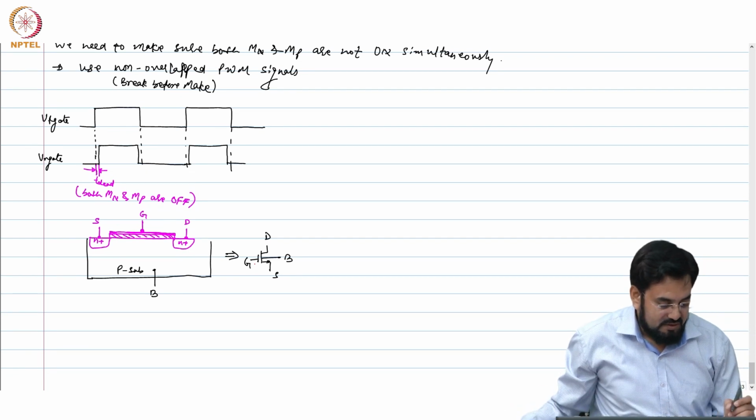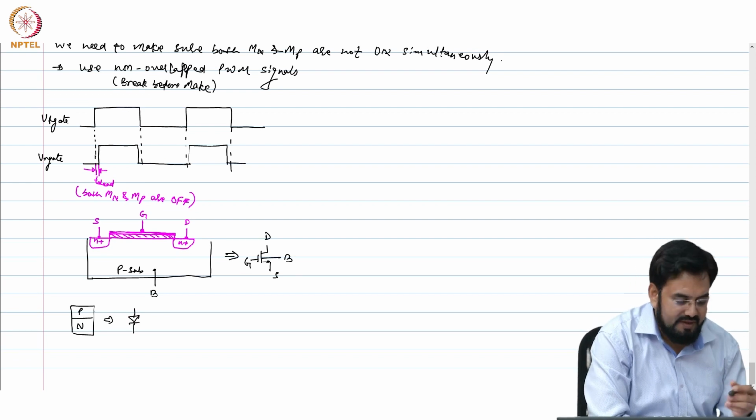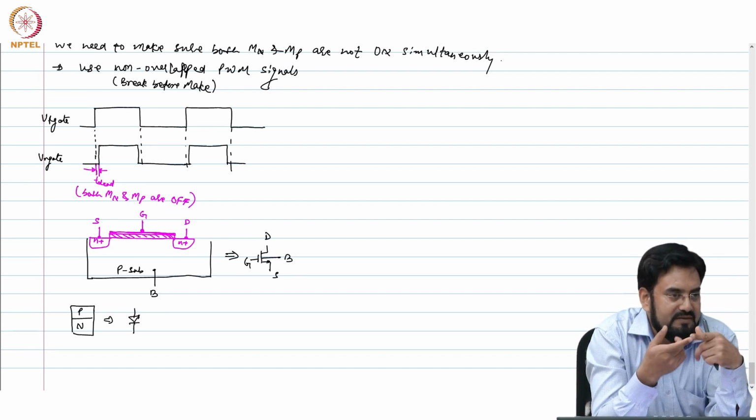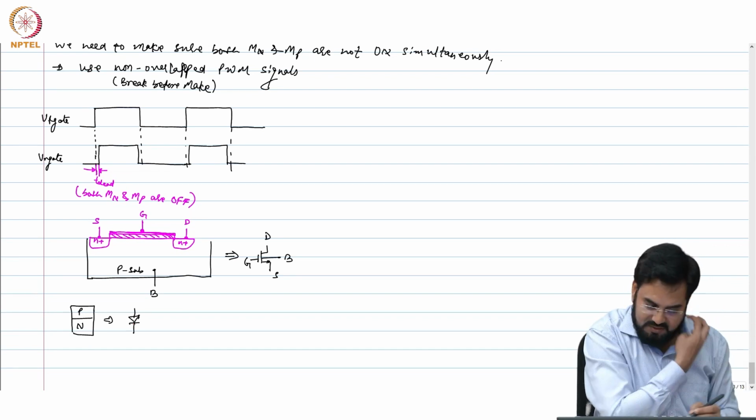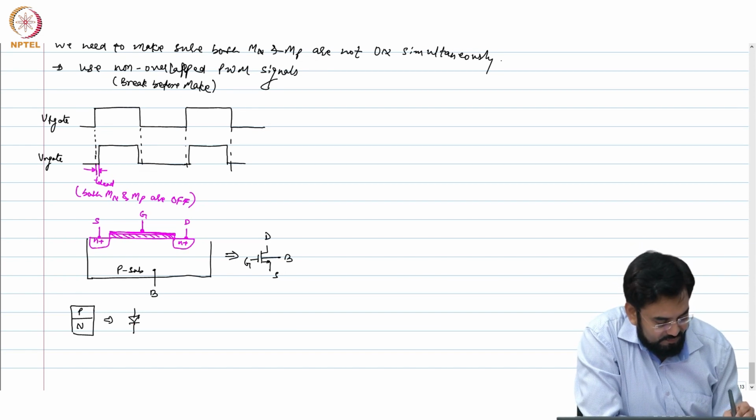So what is the diode? Wherever P-type diffusion and N-type diffusion meet, that will form a diode. So how many diodes do you have here?